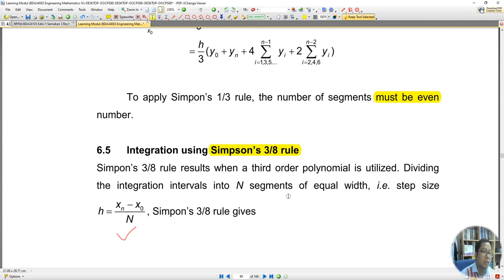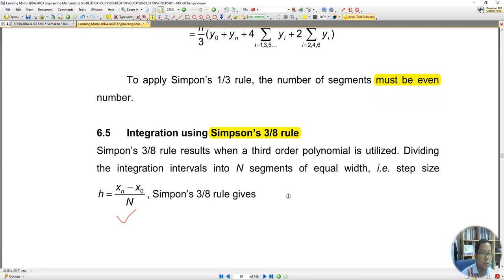And for integration using Simpson 3/8 rule, again the step size formula is the same, whereby xn minus x0 divided by n. n is the number of segments.